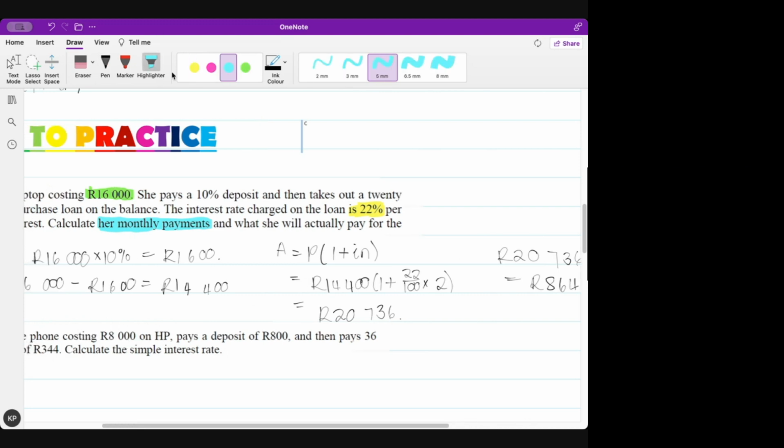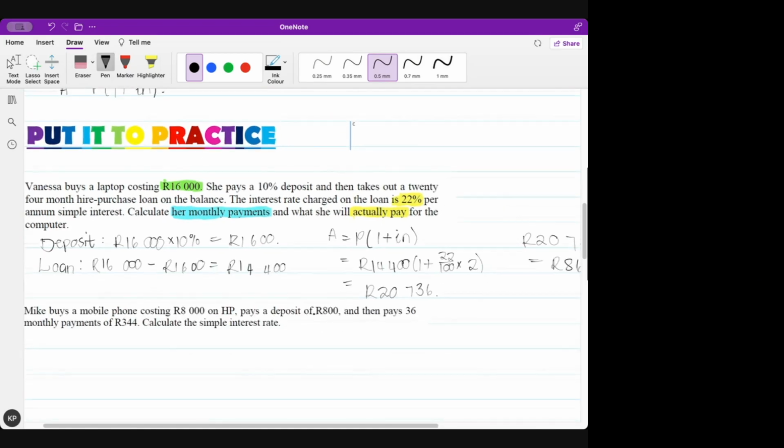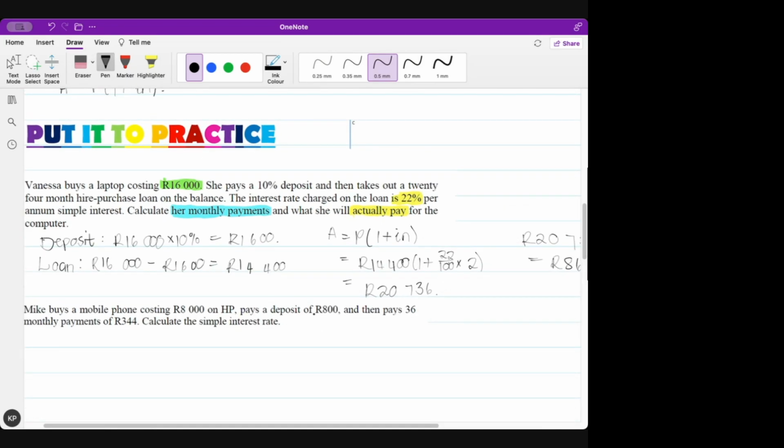Now there's a second part to this question that says, what will she actually pay for the laptop? Is the 20,000 rand the only amount she actually paid for this laptop? No. What do we have to do? So I'm going to write your actual amount. Excuse me writing everywhere, but space purposes, right?